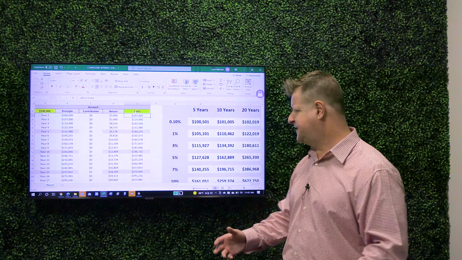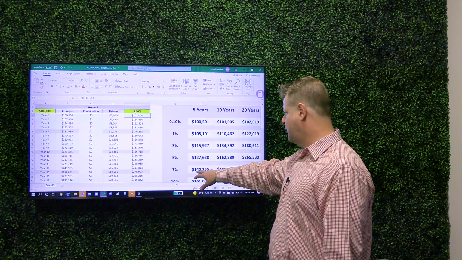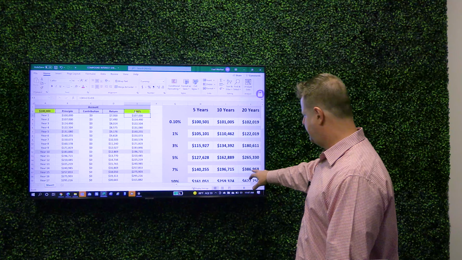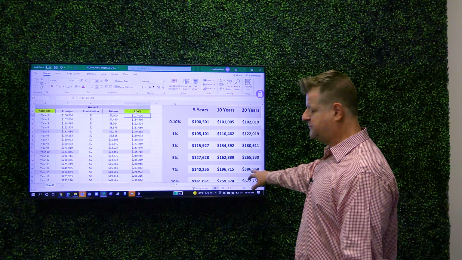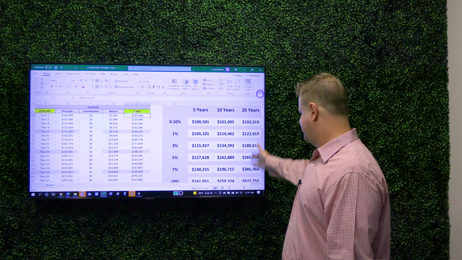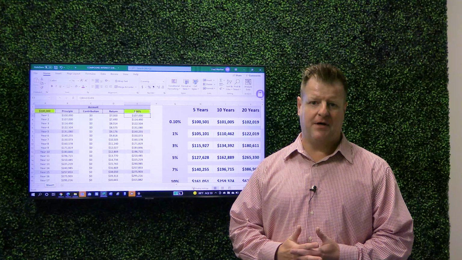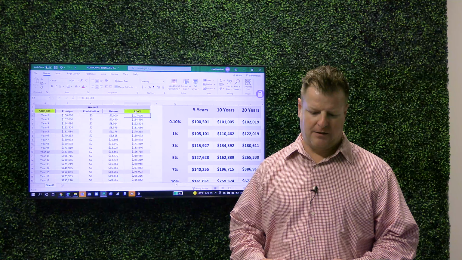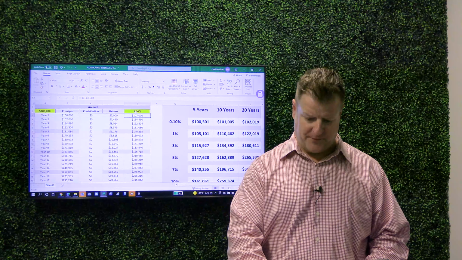But if you're averaging 7%, you can see that now you're at 140,000 over a 5-year period versus 100. And if you come all the way over here to 20 years, 102,000 to a possibility of 386, depending on what the markets do. These would be obviously longer term investments, but again, you don't really want to leave your money in money market for long periods of time, really never. You just want to leave it in there for if you're buying a house or something, just short term.